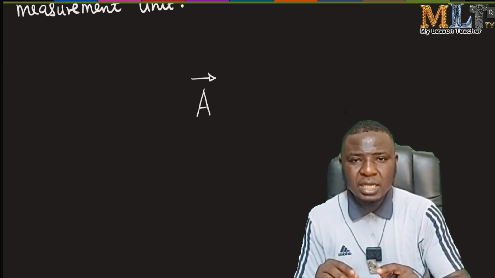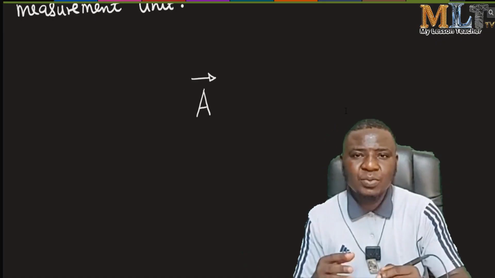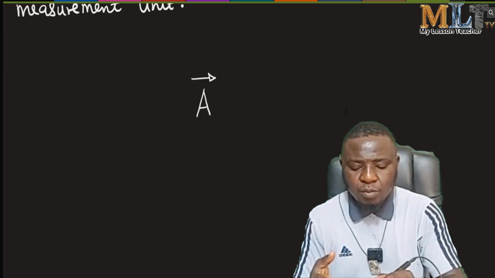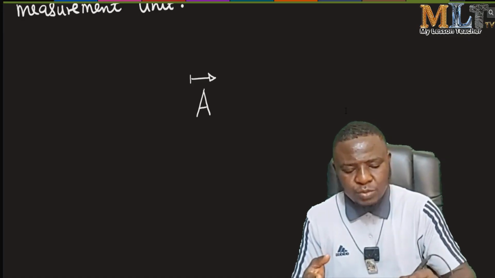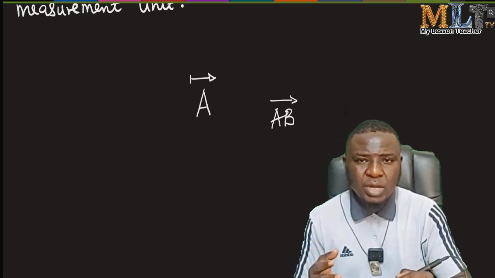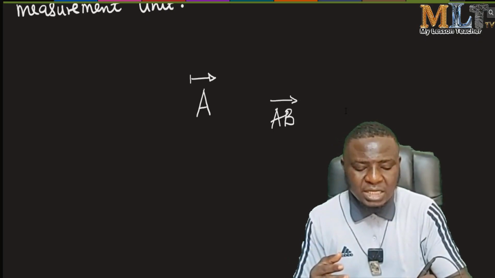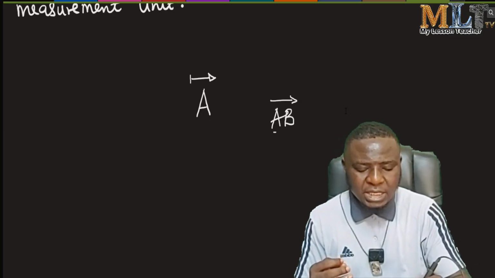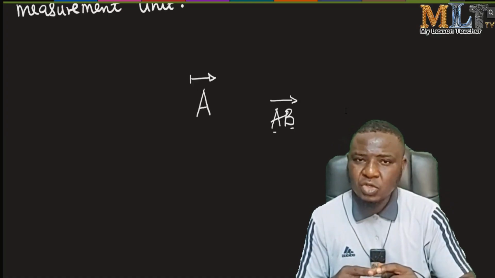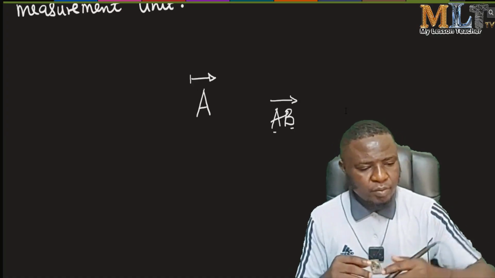So when you see any symbol like this, it represents a vector, showing you that it's beginning from this point to this point. You may see another, maybe a vector line AB drawn this way. So it's telling you that the origin is at A, while B is the destination or the final point.